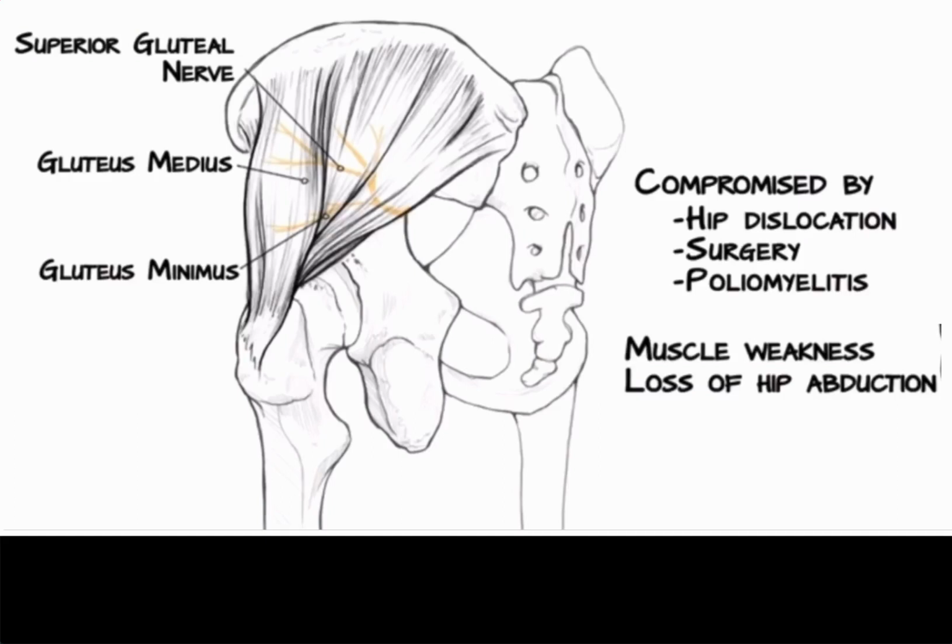Those have been affected. So injury in any form results in what? It results in muscle weakness, and this muscle weakness will result in loss of hip abduction. So these are the various functions performed by this muscle.